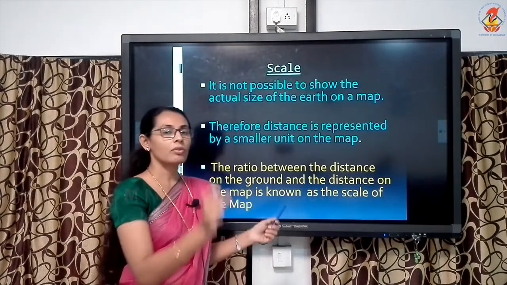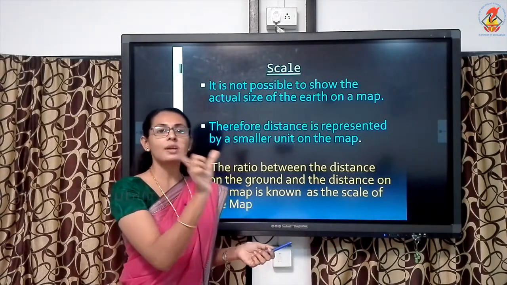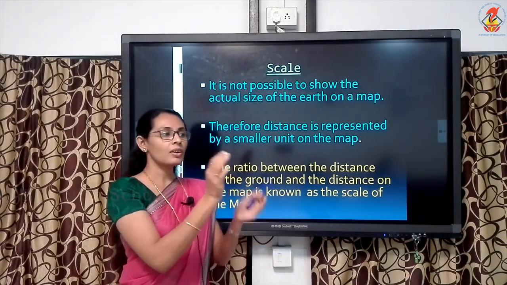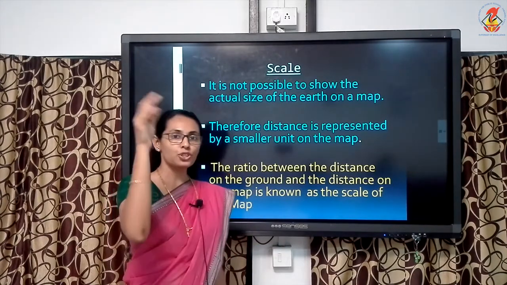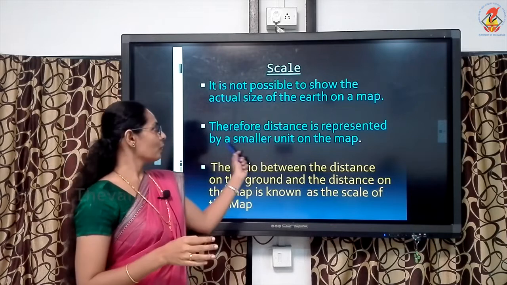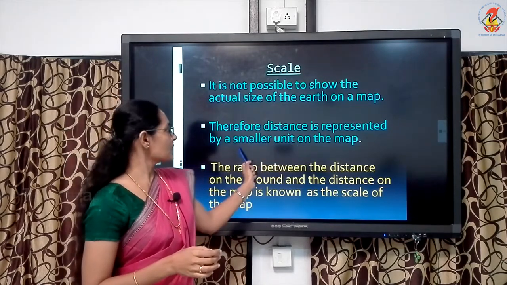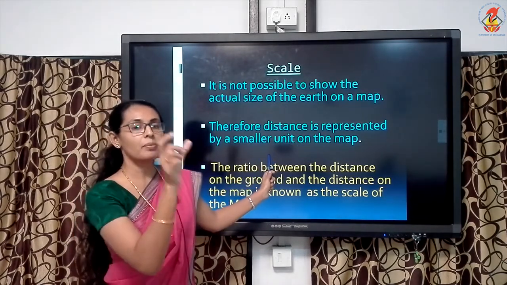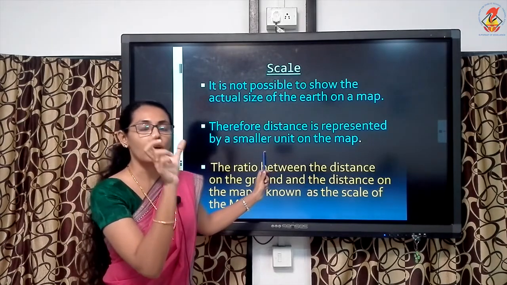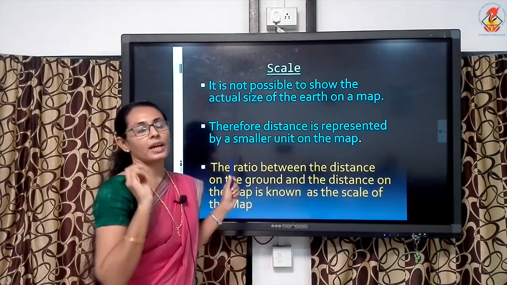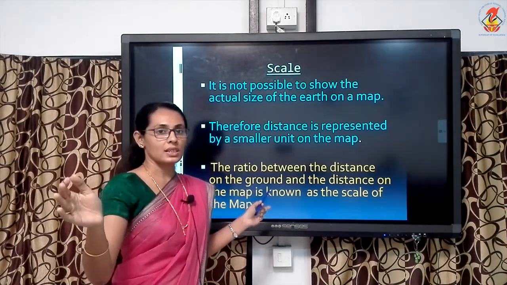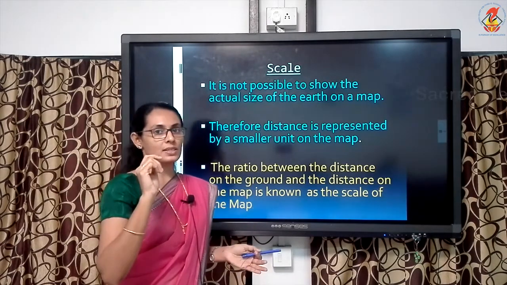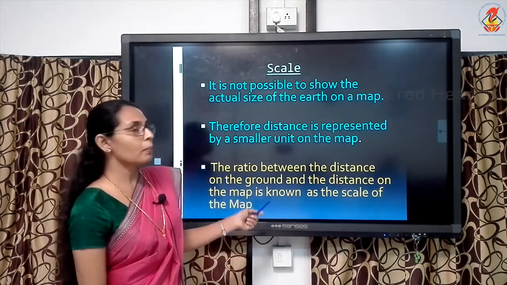So we make a small scale for understanding the distance between Kerala and Jammu Kashmir. In the map we use a smaller unit of scale for identifying the distance between these two places.